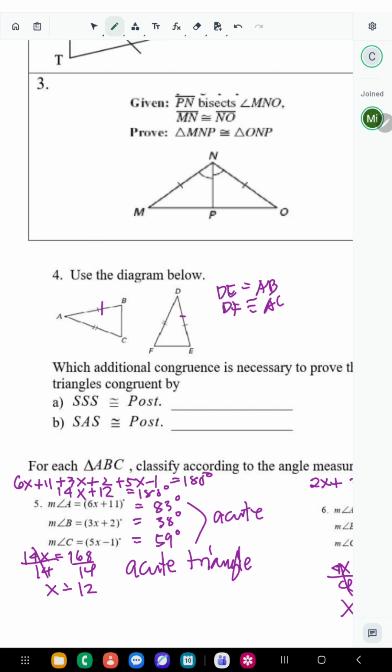Is this asking us to choose between A and B? So that is SSS, because two sides are congruent and there's no angle given.